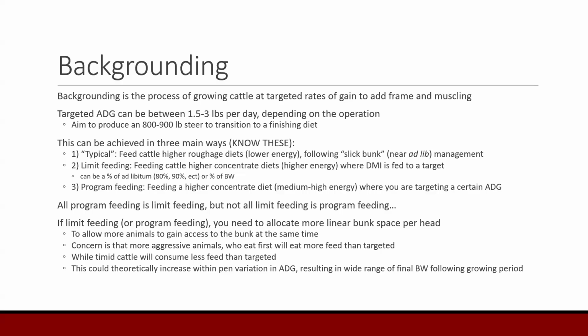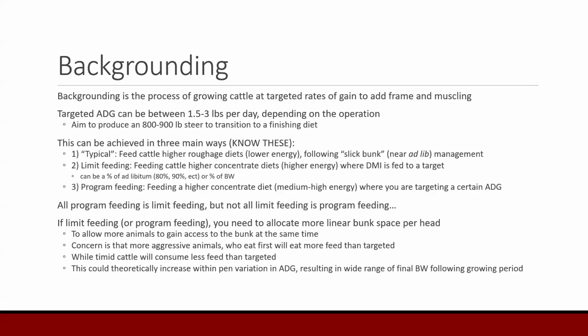Yeah. So they're hungrier. We don't want one bully to go up there and get a big slug compared to a more timid animal, right? That could cause some gastrointestinal problems, could cause more variation in average daily gain within the pen, where you have one animal that's eating less because it's more timid, one animal that's eating more because they're more aggressive.